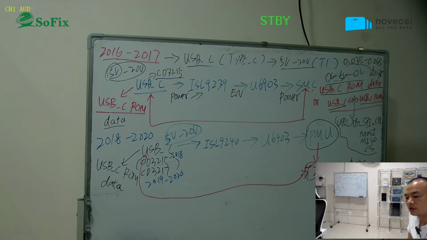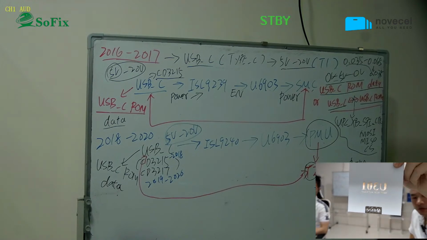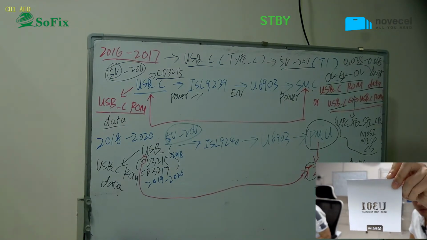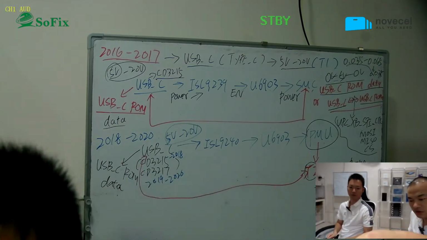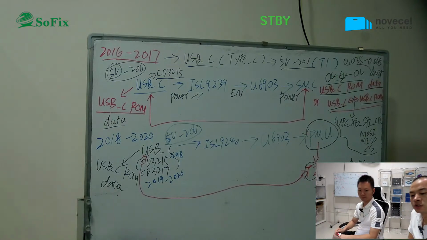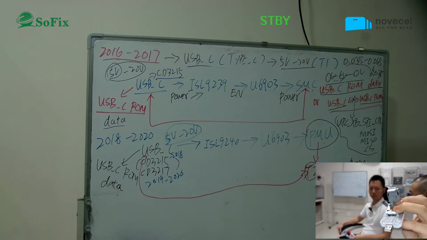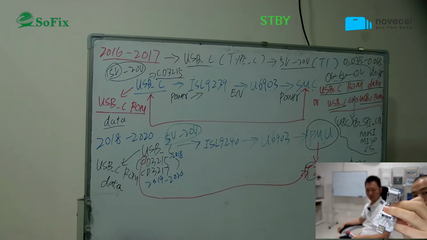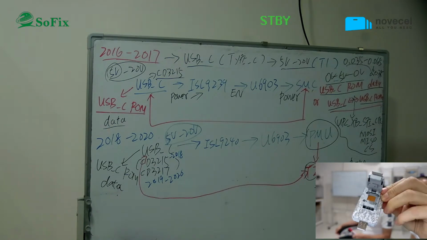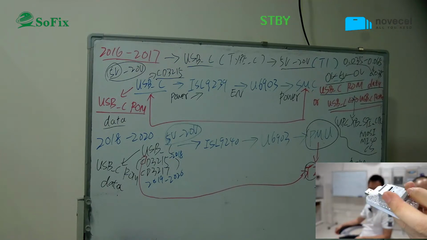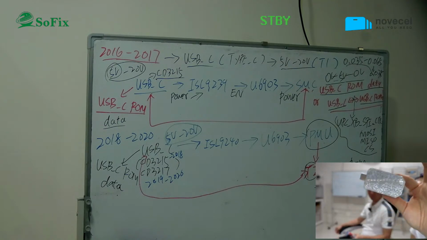So this number is the code, U301. This is the model of this product. Yes. And this is the socket. We put a USB-C ROM inside of this socket, right? Yeah. So we put a USB-C into this socket, so we can program it.